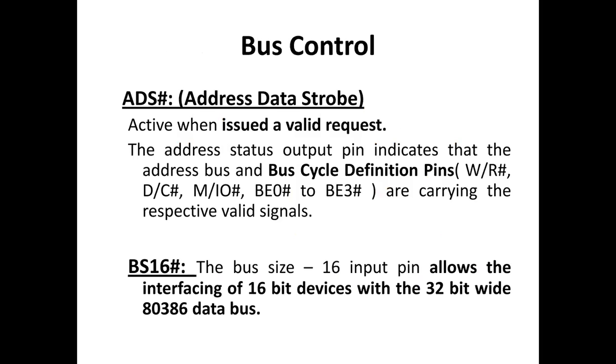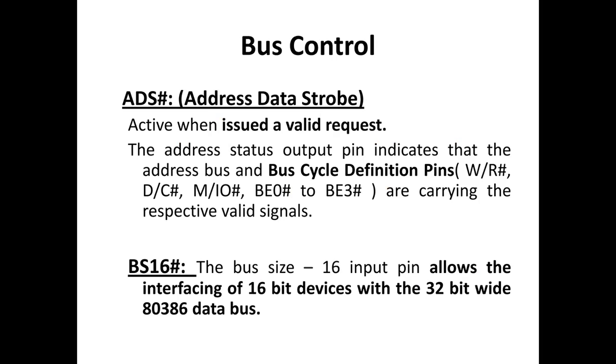Bus control signals. ADS#, address data strobe. It is active when a valid request is issued. The address status output pin indicates that the address bus and bus cycle definition pins carry valid signals. Then W/R, write or read, as a question.